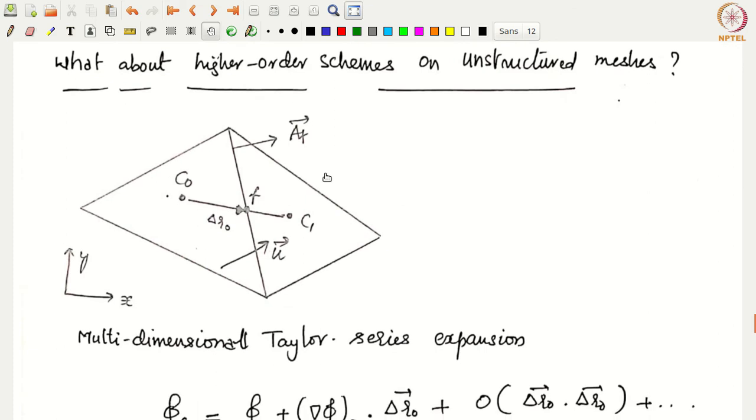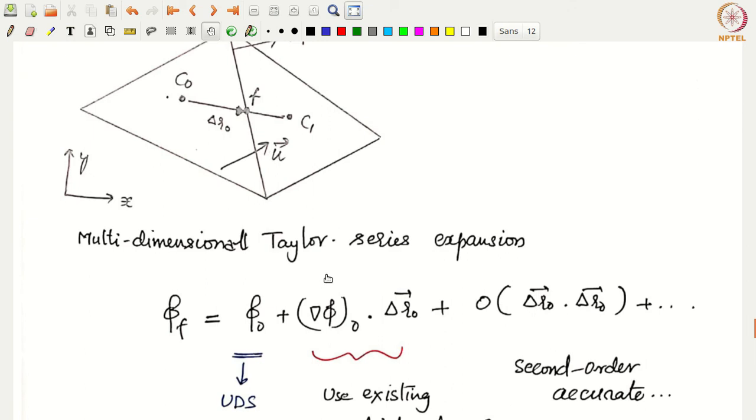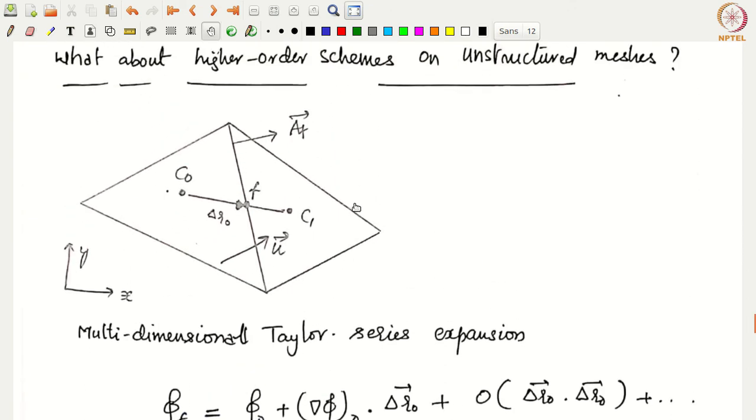Again we look at the diagram here. We have the C0 cell, the C1 cell and the Af bar, and we have the face and the line joining C0 to the face centroid, which we call the vector delta r0 bar. A bar is missing here. And then of course we have the velocity vector, U bar. Now how do we do this?